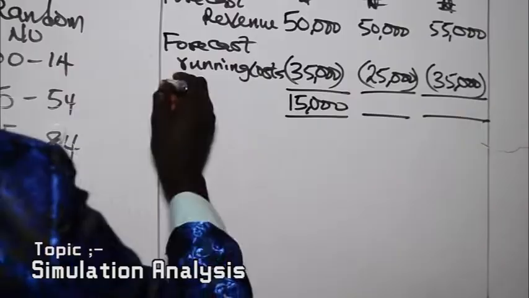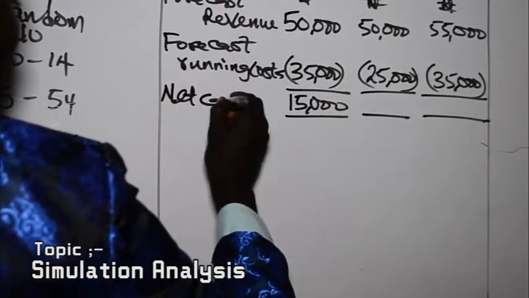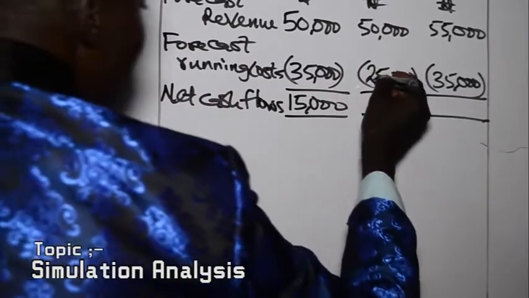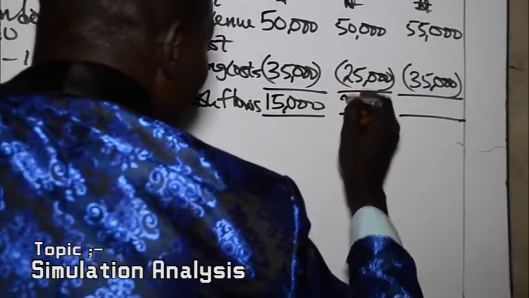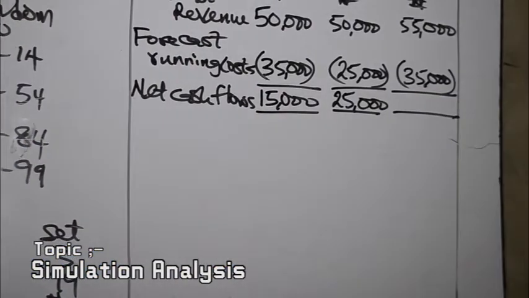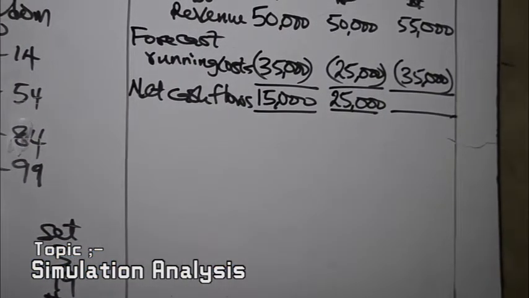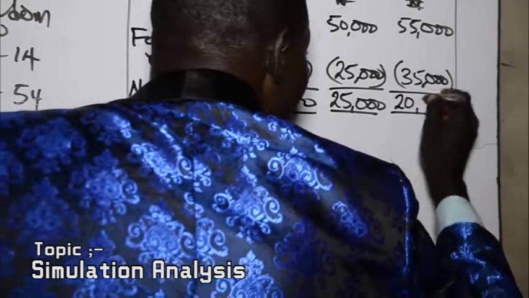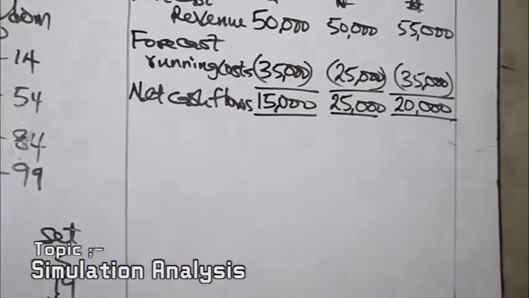That is our net cash flow. 50,000 minus 25,000 will give us 25,000. Then we also have 55,000 minus 35,000, which will give us 20,000 naira.